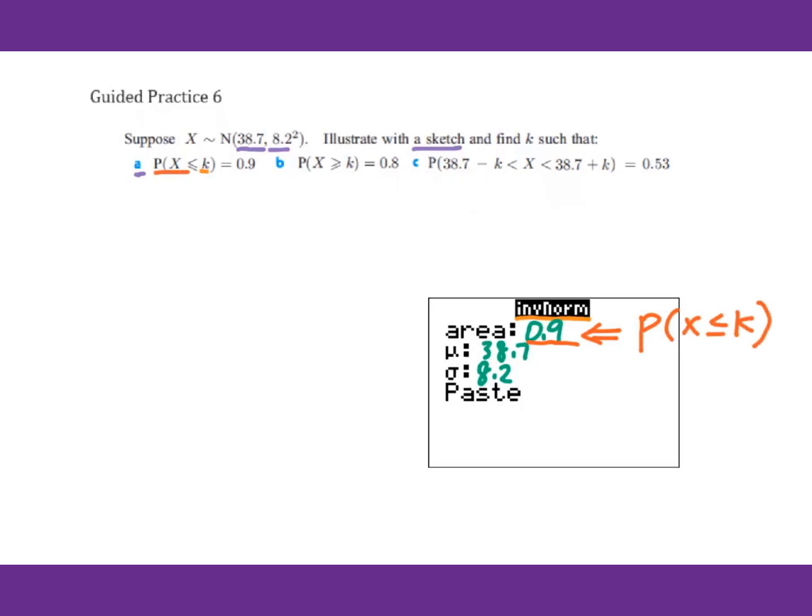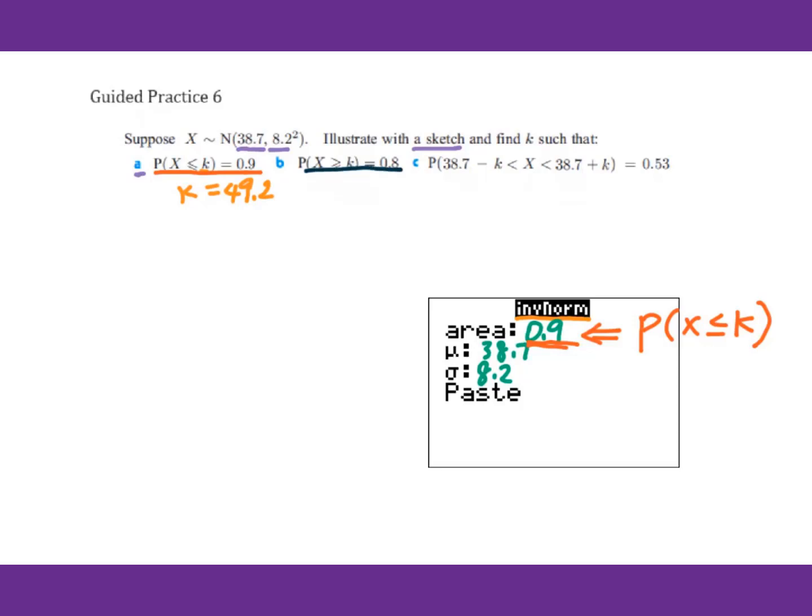Since we are looking for probability x less than or equal to k, this is the 0.9 you are supposed to put into the graphing calculator. So we get the k directly. That will be 49.2.